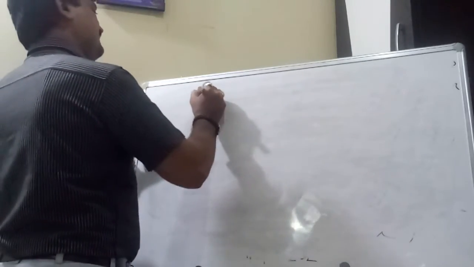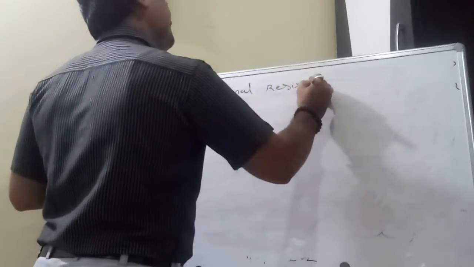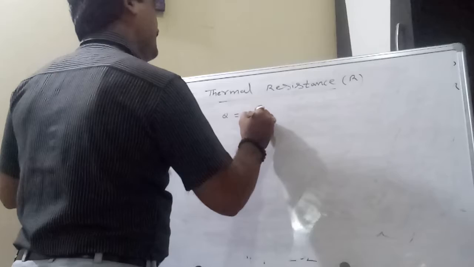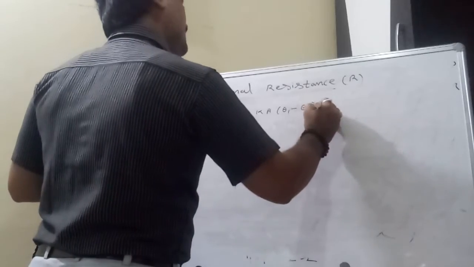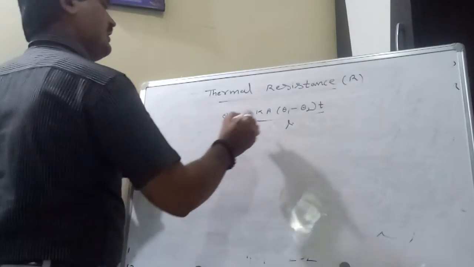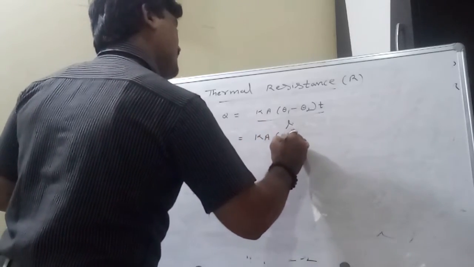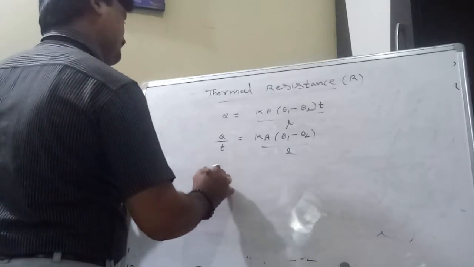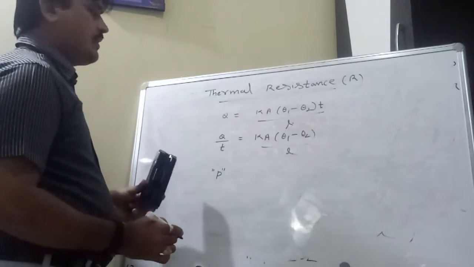Next, thermal resistance R. Here Q equals K A into (theta1 minus theta2) into t by L. So Q by t equals K A into (theta1 minus theta2) by L. Q by t, the rate of heat flow, is called power.